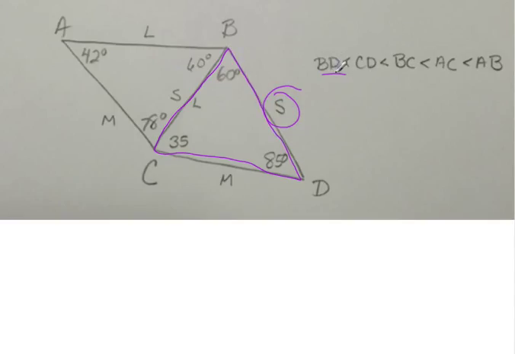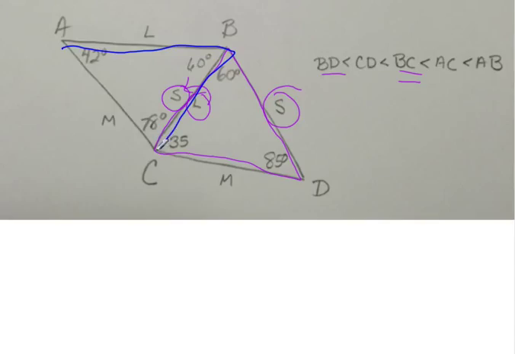BD is the smallest, the next smallest is CD, and then the next after that is BC. Now, BC is the largest side of triangle BCD, and it is the smallest side of triangle ABC. So this acts as my bridge over into the other triangle. And then I just continue in order in the next triangle.